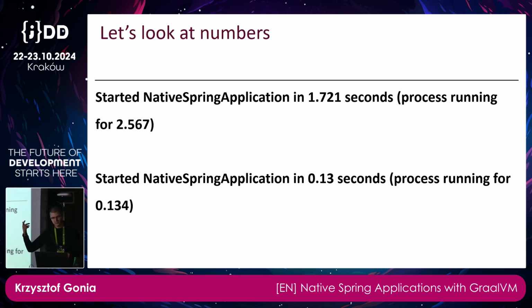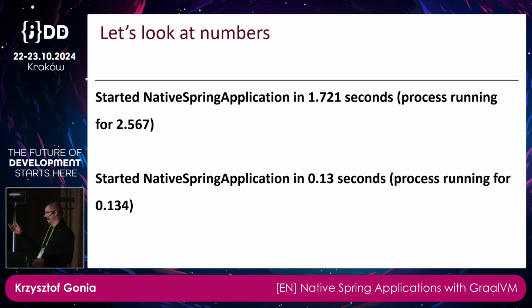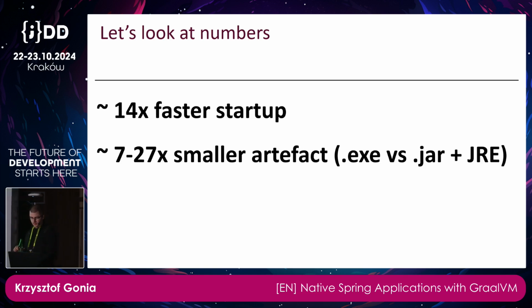So for some reason, this native compilation works better in terms of app startup on Windows than on Linux. I don't know why, but this number is taken from the Windows version, not from Linux. So for the Windows version, it's around 14 times faster startup, and 7 to 27 times smaller artifact, a wider range.